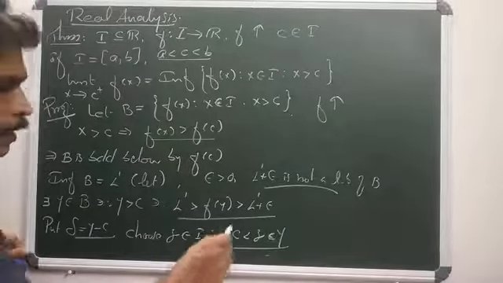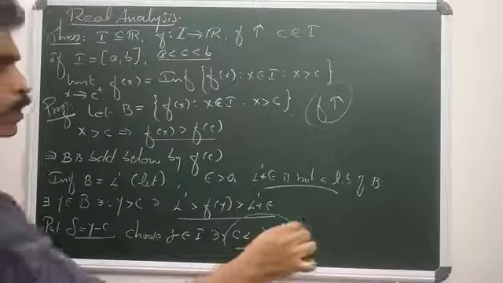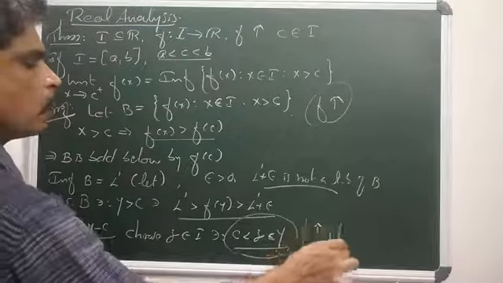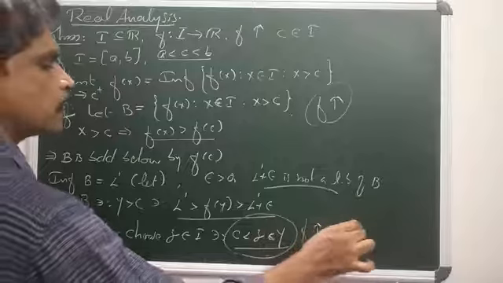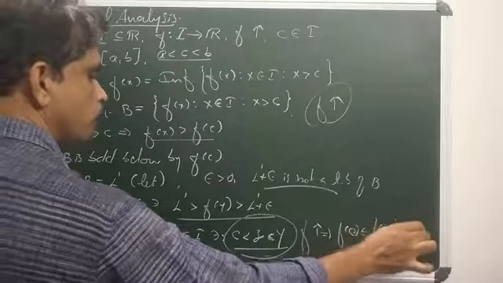Now c less than z less than y, and f is an increasing function. So f of c is less than or equal to f of z, which is less than or equal to f of y.